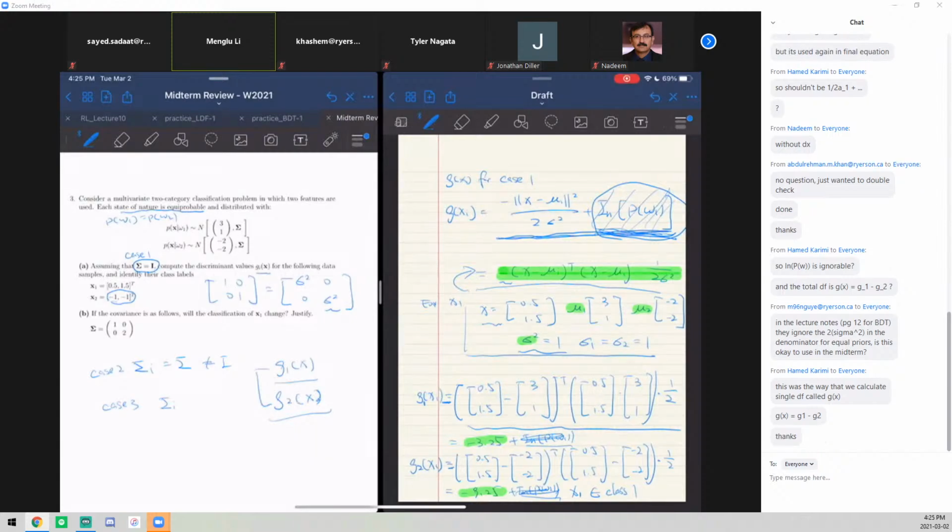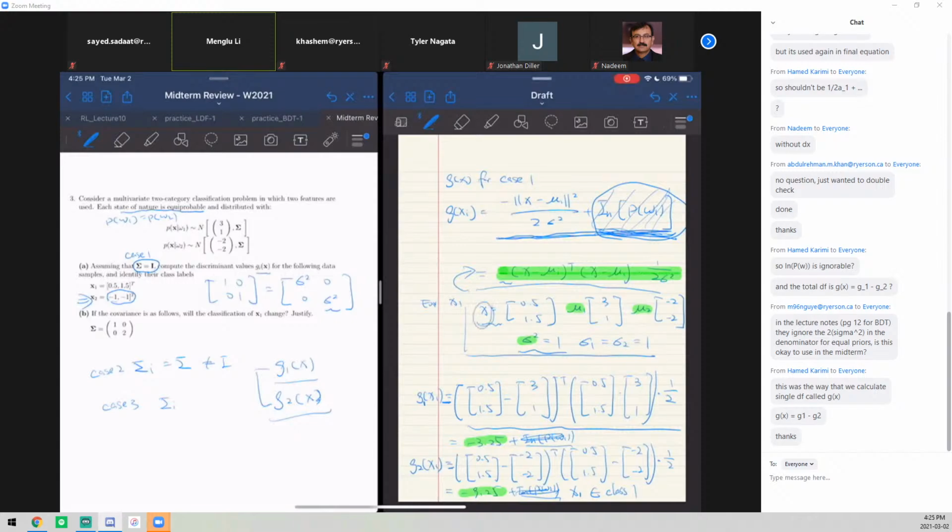So X1 belongs to class 1 because the discriminant function of class 1 is bigger. For the second, I just don't want to do it again. You guys can try, you just put in the numbers and see it's the same.